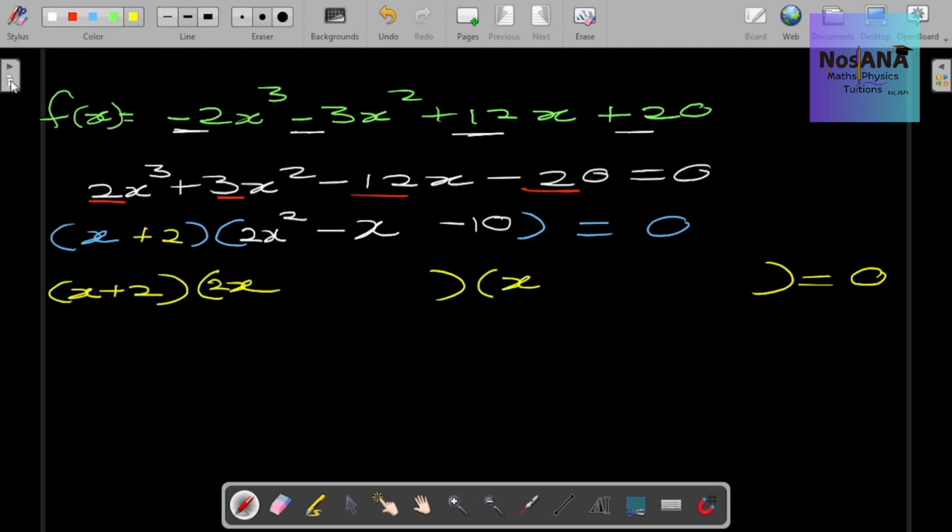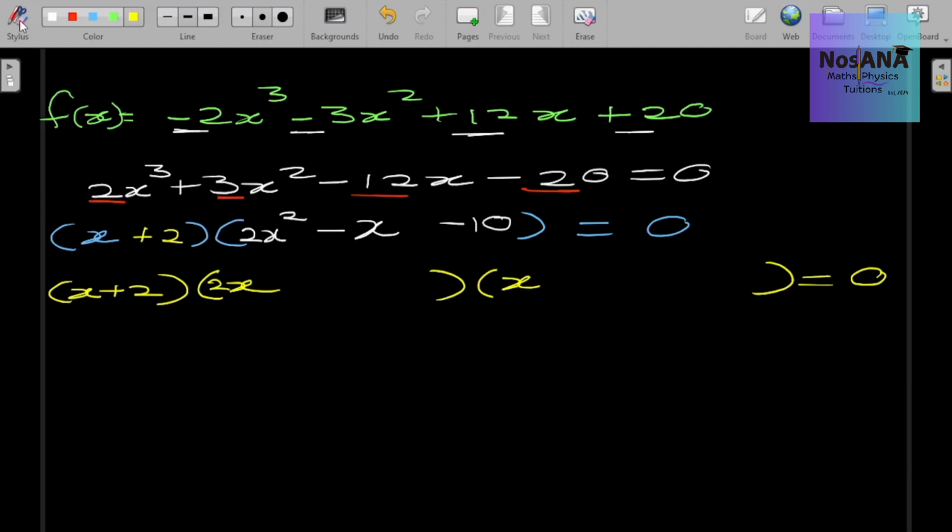I'm sure you already know how to do this part. This is the part where you need to find the factors of minus 10 that when you multiply and add you get minus x, right? So I am going to try to put 2 over here. The reason why I'm going to put 2 over there is when I say 2x times 2 I get 4x, right?